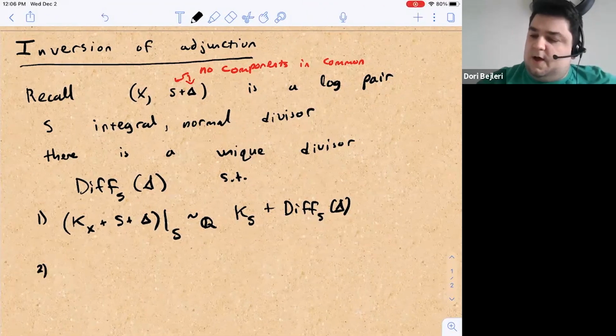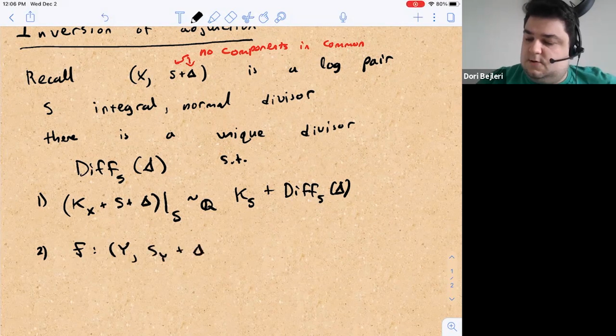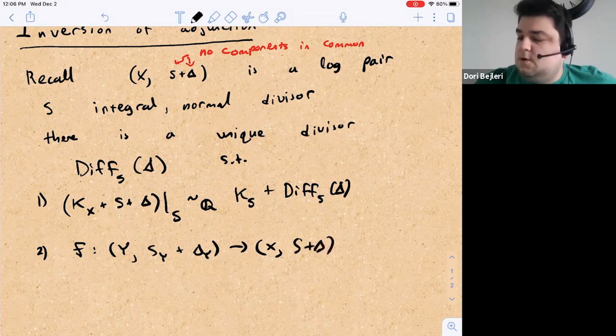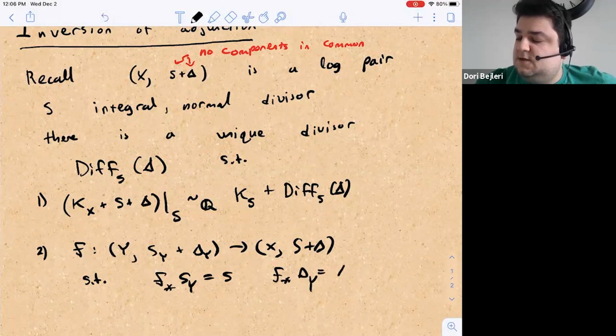Two, we can compute it by taking a log resolution, where we assume that the pushforward of S_Y is S, the pushforward of Δ_Y is Δ, and that it's crepant.